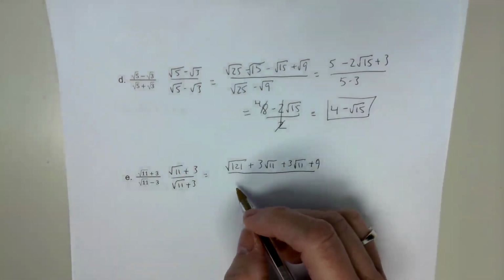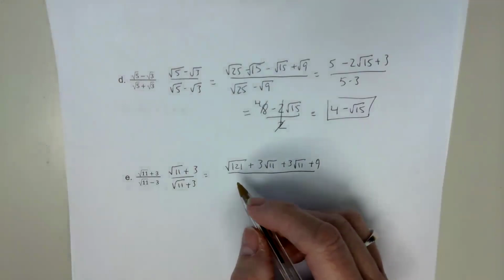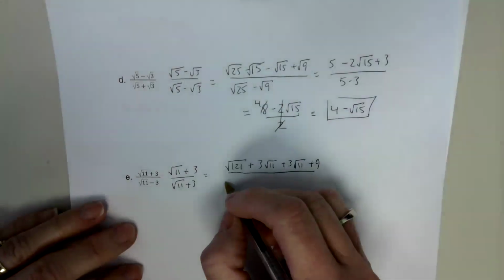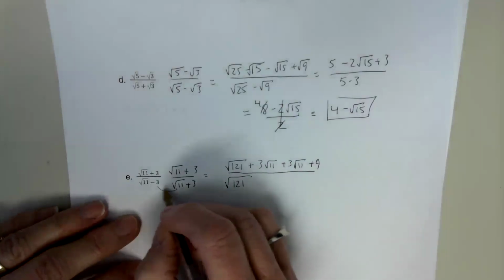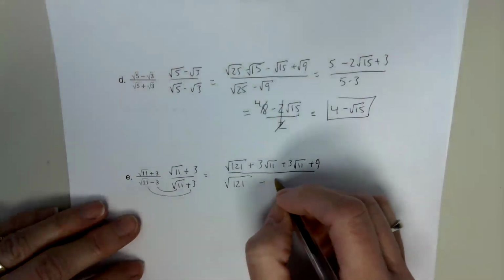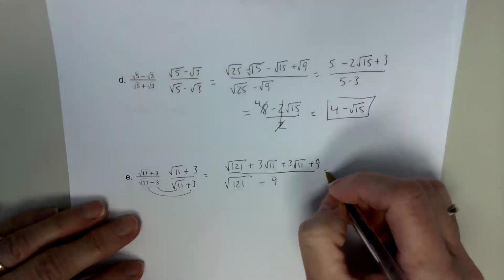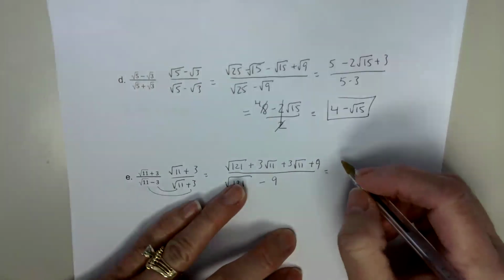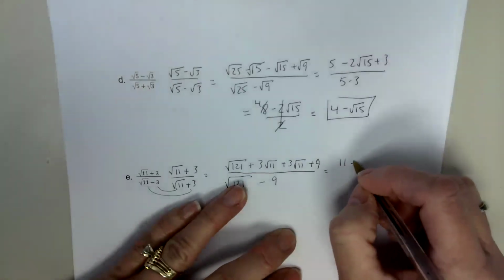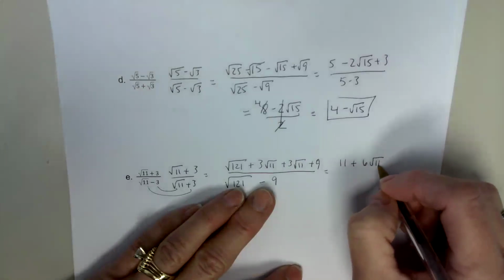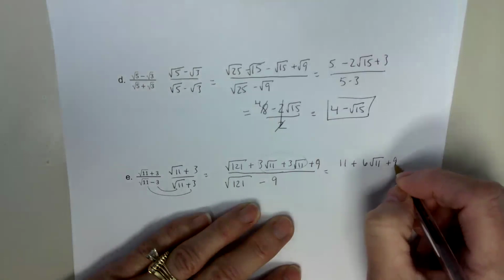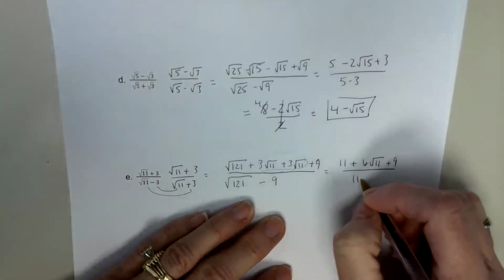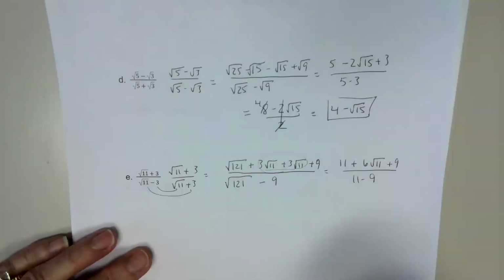Then the denominator, we have the square root of 121 because they're conjugates, the middle terms cancel, minus 9. So on top, this simplifies to 11 plus 6 times the square root of 11 because they're like terms, plus 9 all over 11 minus 9.